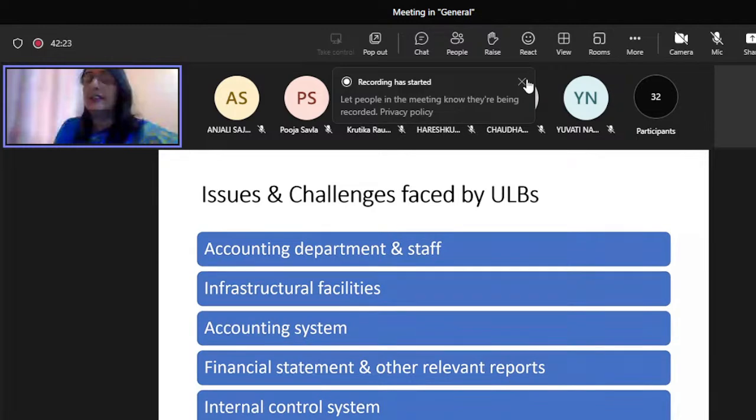The internal control system. Now what happens? They have a customized accounting software, and the accounting staff are trained on how to record, and they record everything according to that only. But there is no proper internal control. A proper password should be followed, and it should not be accessible to everyone. These are the challenges the urban local bodies were facing.